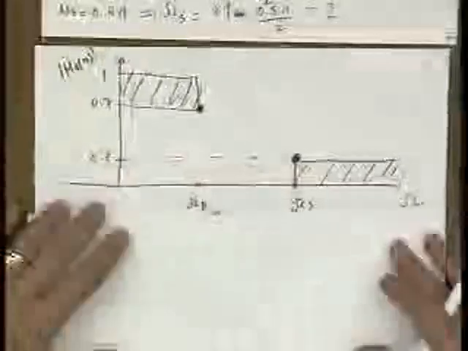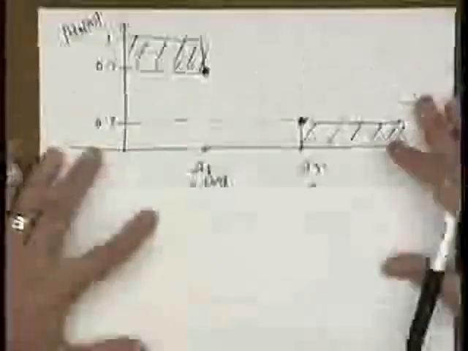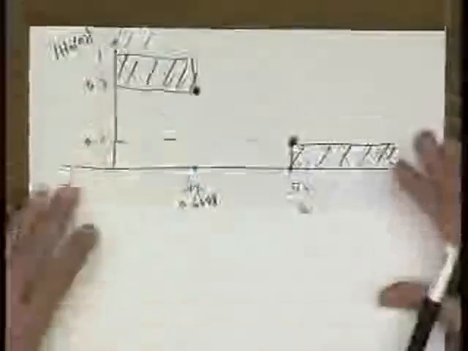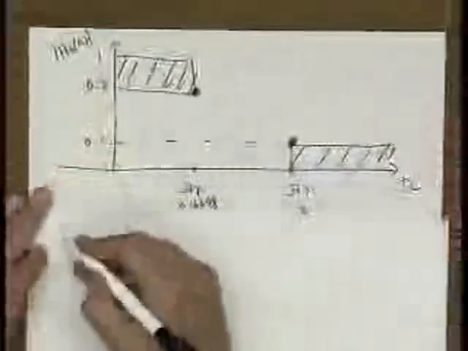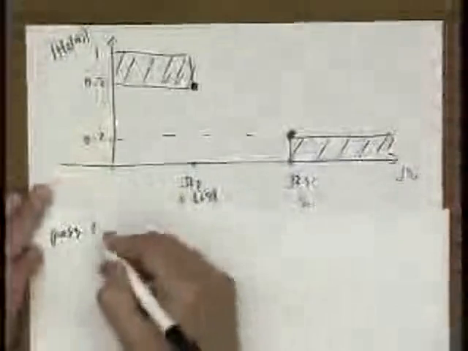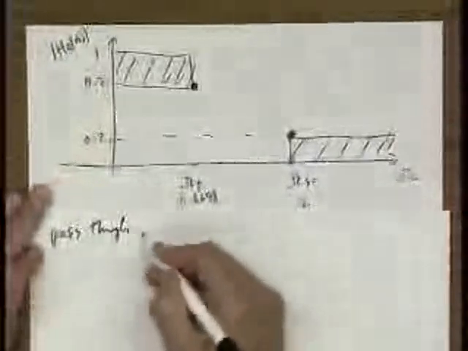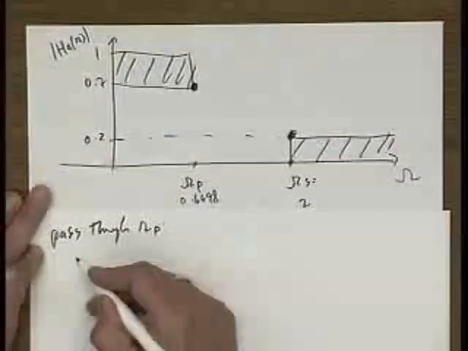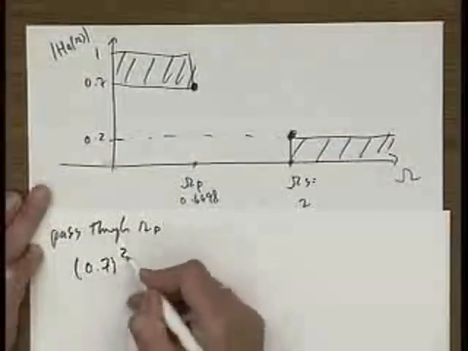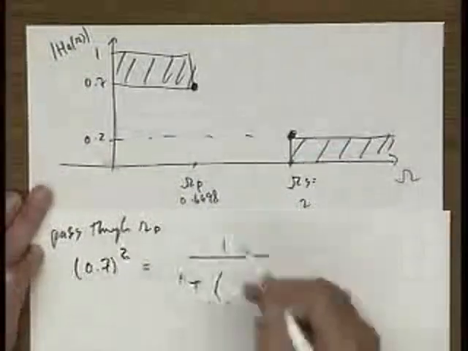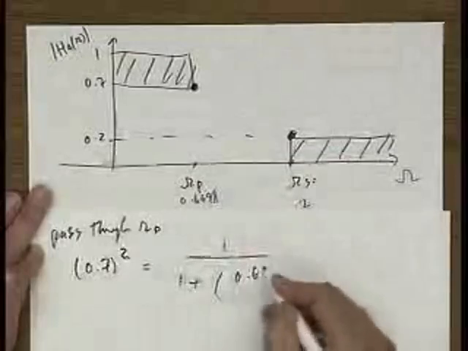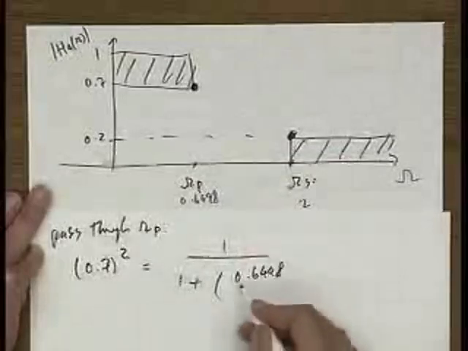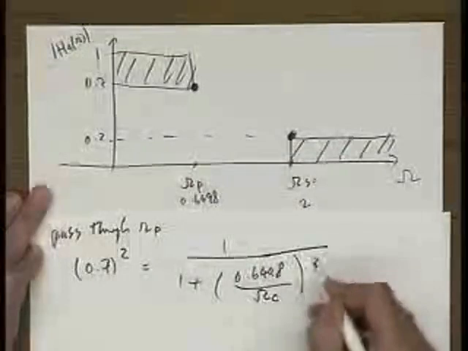To pass through omega p, I get 0.7 squared is equal to 1 over 1 plus (0.6498 over omega c) to the power of 2n.